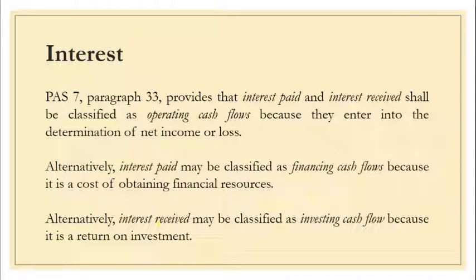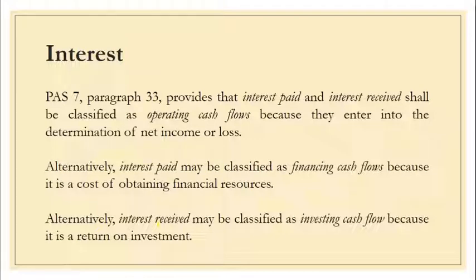For example, when you have a bank loan, diba? You pay interest. Now, a bank loan is debt financing, so you would classify it as part of your financing activity.